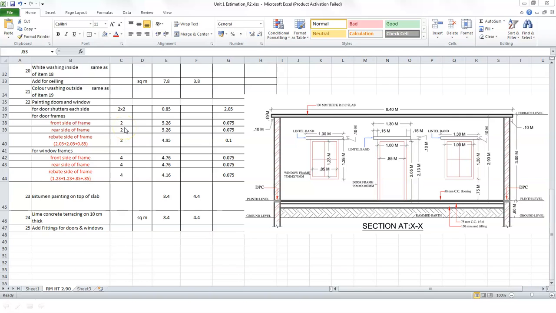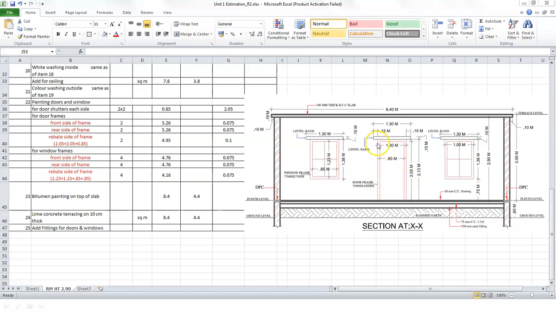We have 2 D1s. Next, we have the rebate side of the frame. We know what the rebate is, the inner portion of the frame. For this, we find again 2.05, which is the inner dimension of the frame, the inner dimension of the door, and then we have 0.85 as the inner frame to frame width.